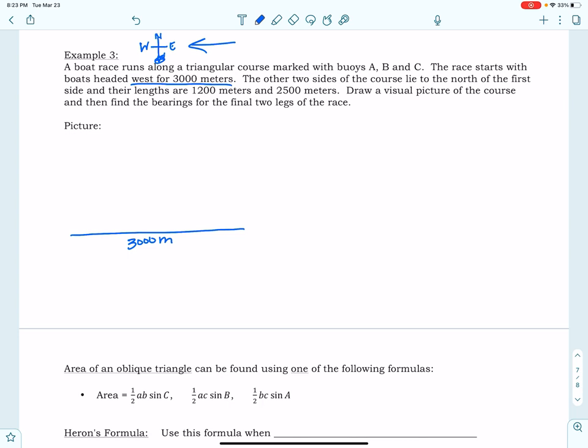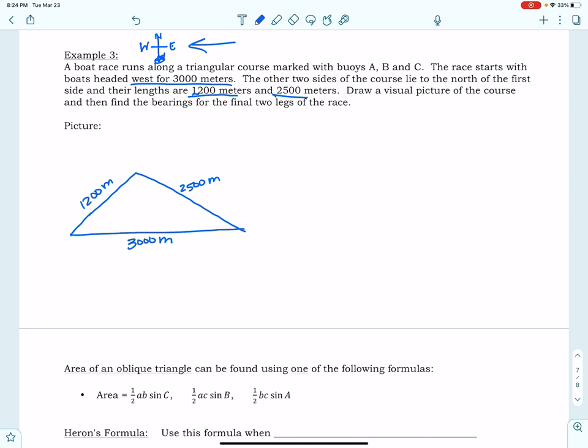Then we're told that the other two sides lie to the north, so the boat turns and heads in a different direction for 1,200 meters and then 2,500 meters. So we're just going to make that 1,200 and we're going to make that 2,500. And I just did it in the order it was given to me. That's the only reason I drew it this way. All right, so we've got a visual.